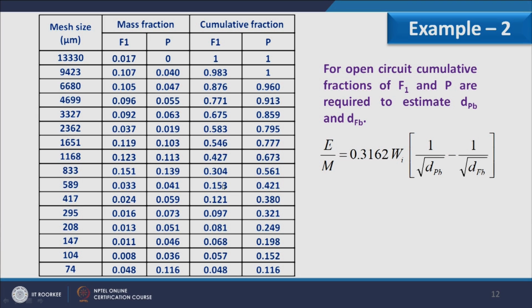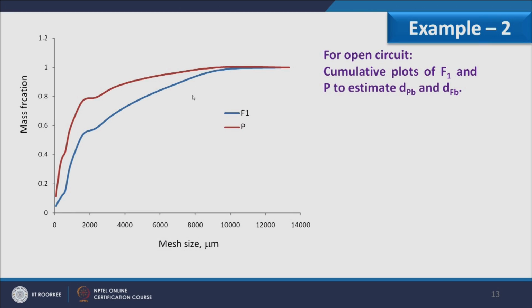So, here we have the cumulative of F1 and here we have the cumulative of P. Now, these two values we will use for computation of power consumption. If you understand this graph, this is nothing but the cumulative plot of F1 as well as P.